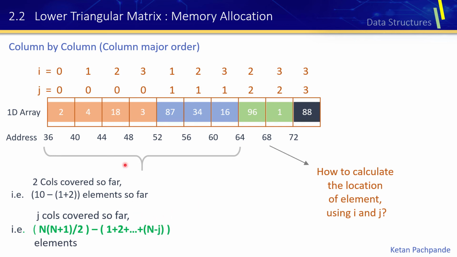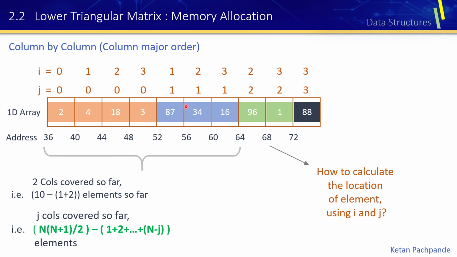Giving you another example, let's say I want to calculate the location of 2, 0. You need to ask the question, how many columns are covered before this column? There are no columns covered. So what is the value of j? 0. Let's calculate from the right hand side.